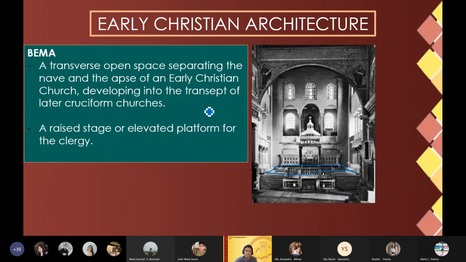It's not really semicircular in form, but this is the bema, the rear portion after the sanctuary. Sorry. This is the apse. So where is the bema? Bema is here.